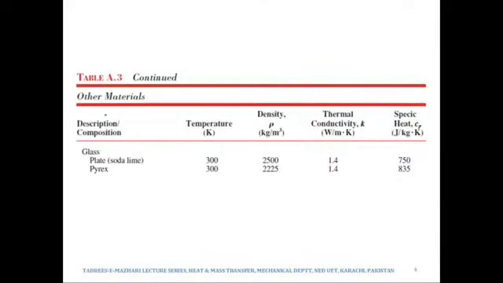In table A3 we will find glass, and the conductivity of the glass is given at 300 Kelvin. 300 Kelvin means we are talking about 27 degrees Celsius. And it is 1.4 watts per meter Kelvin if we say it is Pyrex glass.